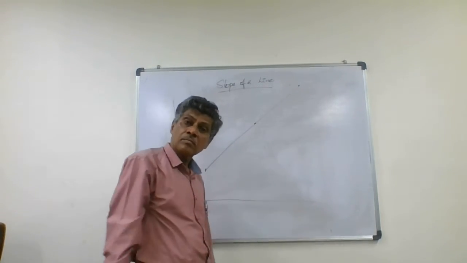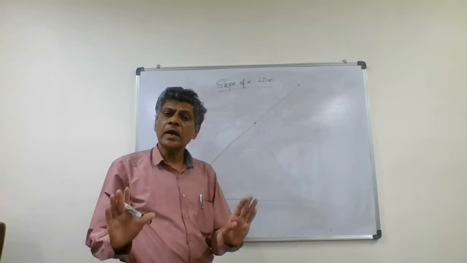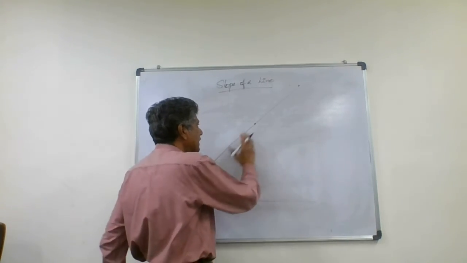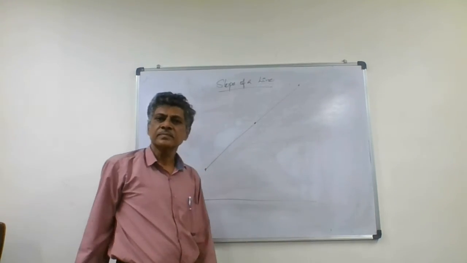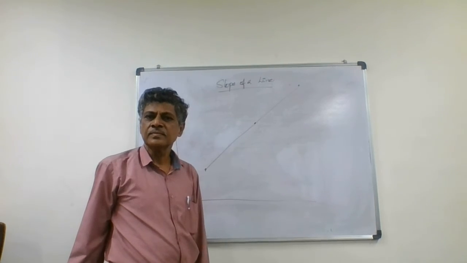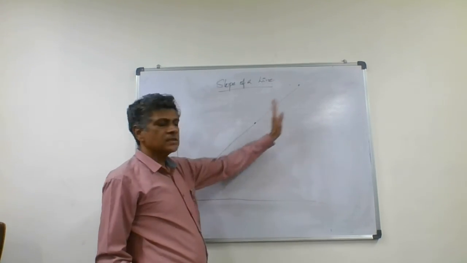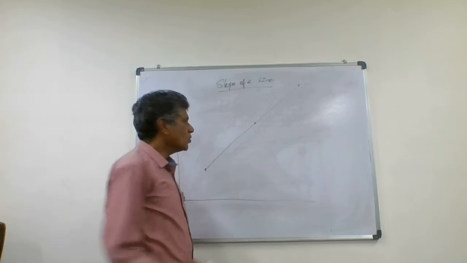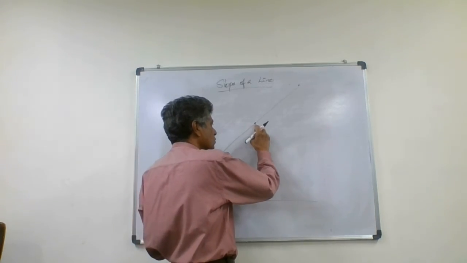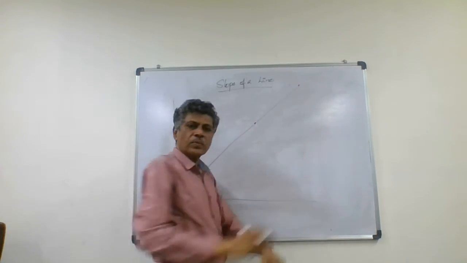Any straight line should have the same slope anywhere you take. Anywhere you take, it will be having the same slope. So calculate the slope of these 2 points and calculate the slope of these 2 points.